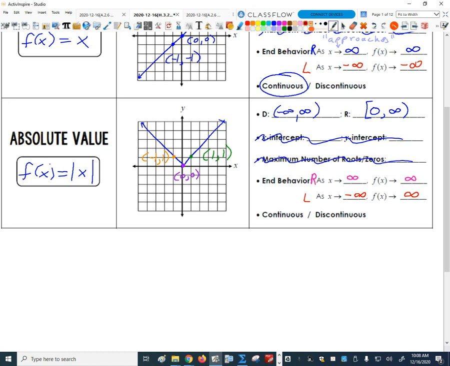Because it's not a straight line. But once again, the test is the pen test. Can I graph the function without taking my pen off the board? Oh, yeah. So it must be continuous then, right? Yes. Okay.